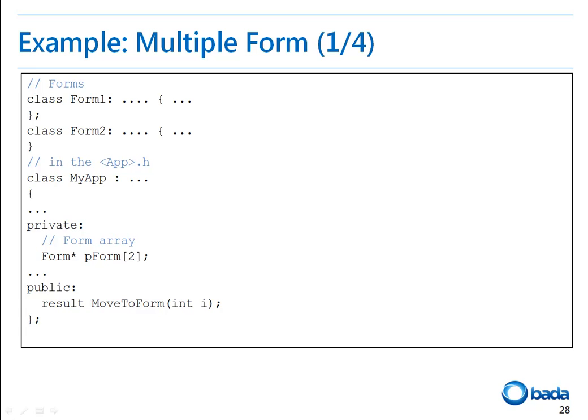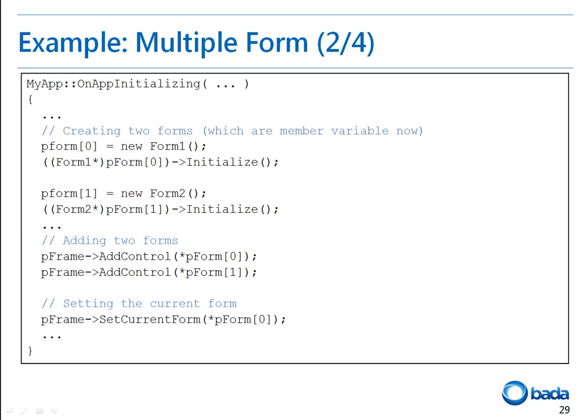As you can see in this example, I've declared two form classes. The application class has two form pointers. To switch forms more easily, I've declared the moveToForm function. This is the on-app initializing function of the application.